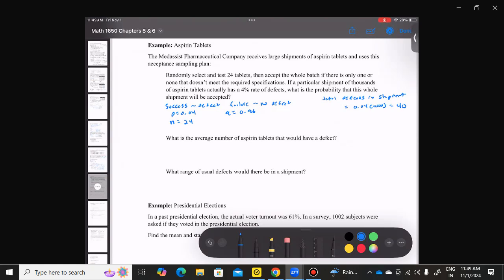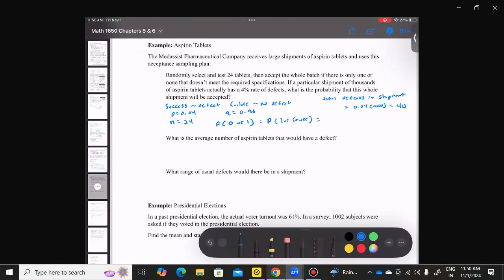Now, of the 24, let's find the probability. Let's do this one first. Let's find the probability that this whole shipment is accepted. So the probability is going to be the probability of 0 or 1 defects. So the probability of one or fewer is what we're looking at.